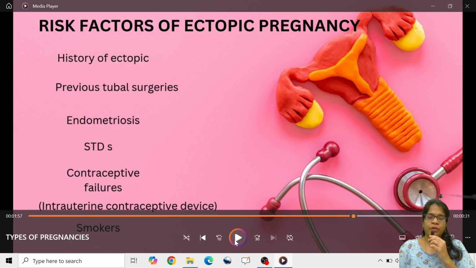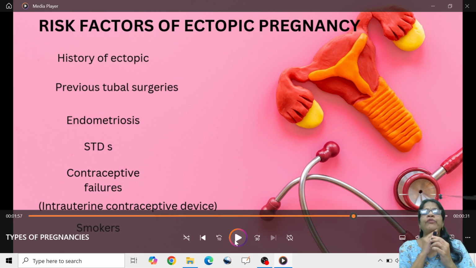So because of the unequal amount of hormones, there is no proper formation of endometrium happening. Only if there is proper formation of endometrium in the uterine area, the baby can have a better bed for holding. So if there is no proper formation of endometrium, that lady would obviously go for an ectopic pregnancy even the second time, right?